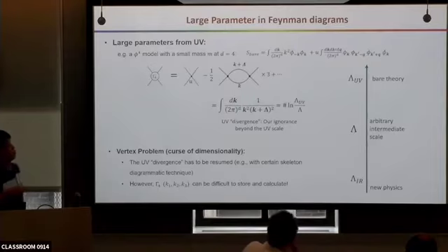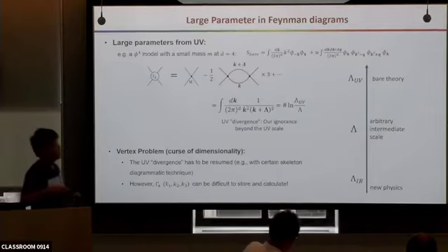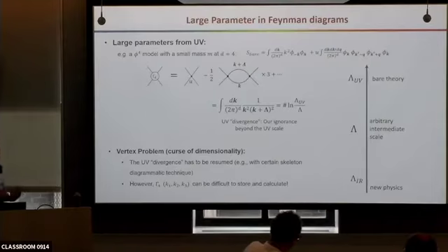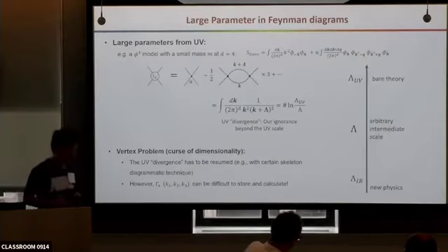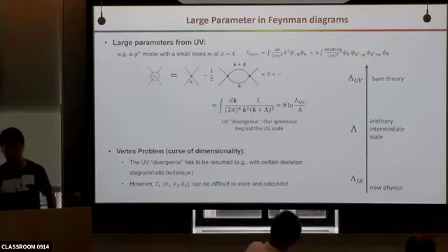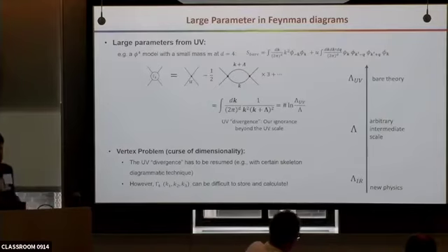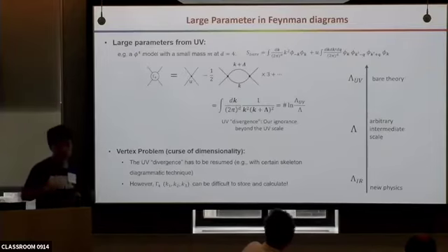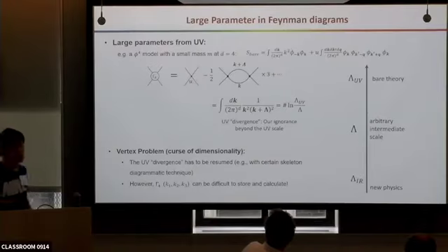For example, for the phi-4 model in four dimensions, the one-loop diagram for the four-point vertex function will be logarithmically divergent. And we know how to resum those large parameters. For example, in Diagrammatic Monte Carlo, a common technique is to use a skeleton diagrammatic technique, for example, Parquet equations.